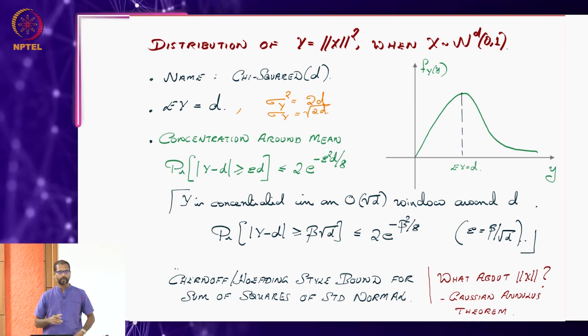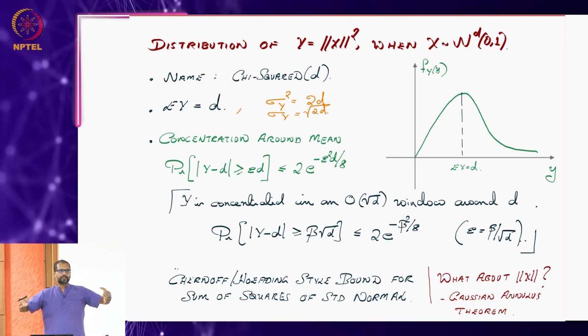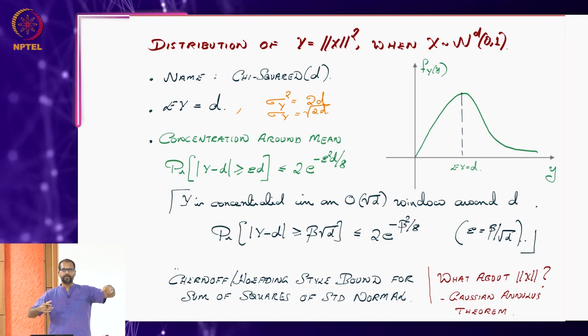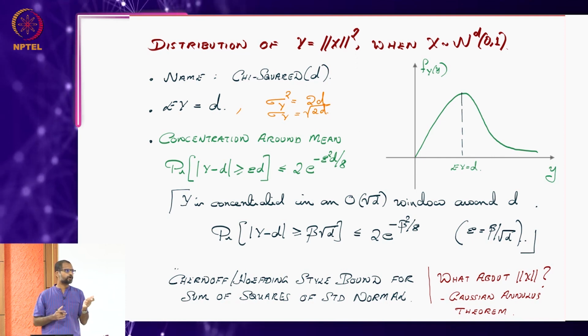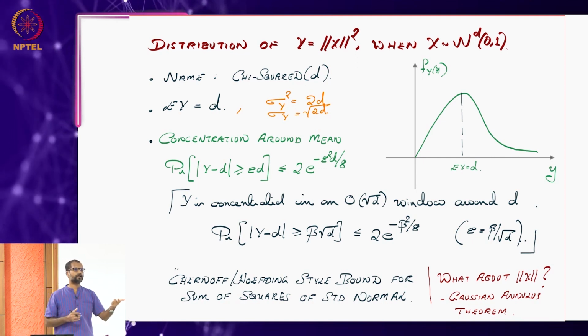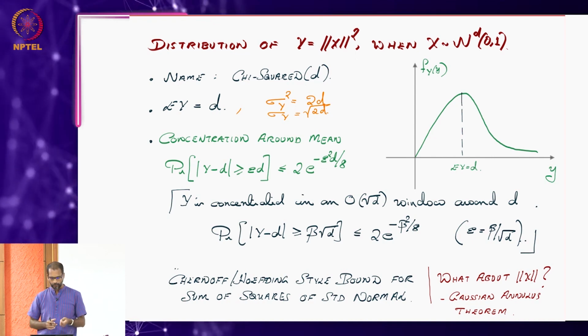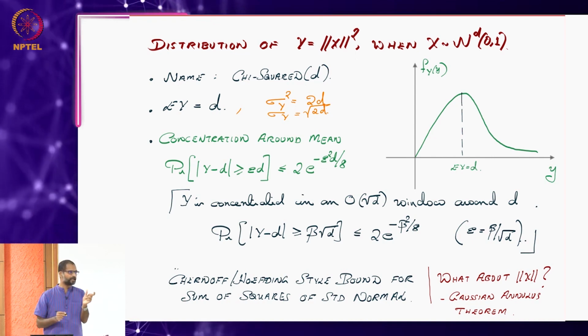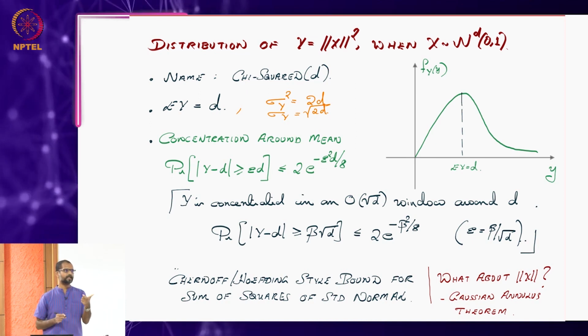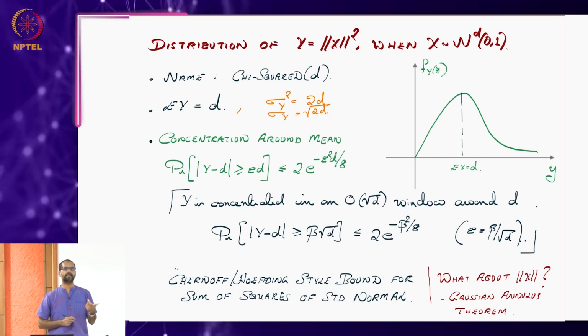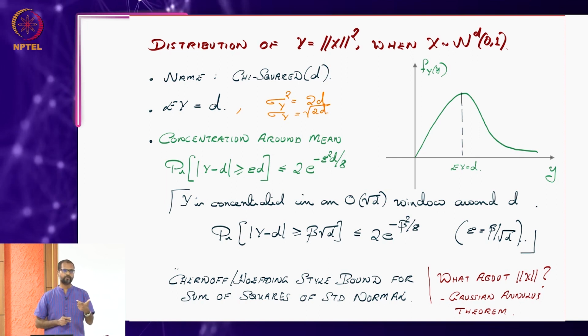Why did I say that? Usually we study concentration in steps of standard deviation. We talk about if you move 2 sigma away from the mean, then how much does the probability fall. So, that is why the correct window size for studying concentration is always the standard deviation, the square root of the variance.